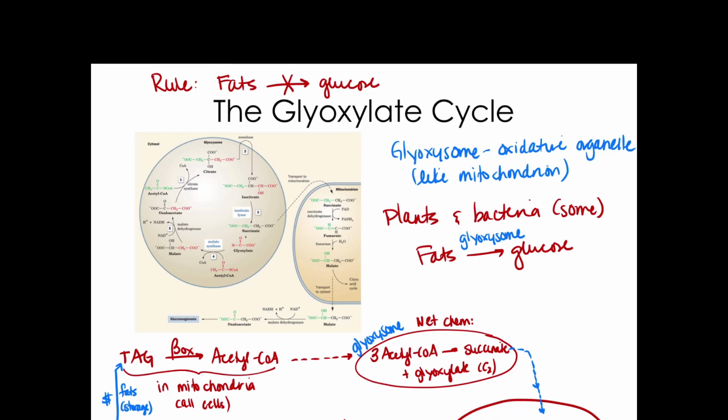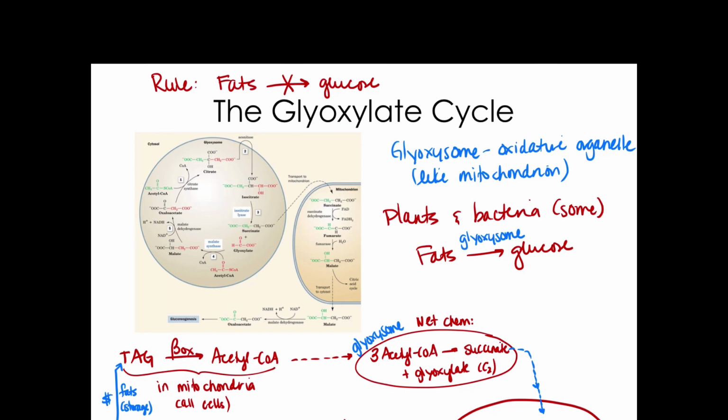Again, we know we can export malate from the mitochondria to the cytosol because we've got the Malate Shuttle. Malate in the cytosol can now be converted into oxaloacetate by a cytosolic version of Malate Dehydrogenase. That oxaloacetate can then be used to make glucose in gluconeogenesis. So why is this important in plants, for example? Well, plants begin as seeds, right?